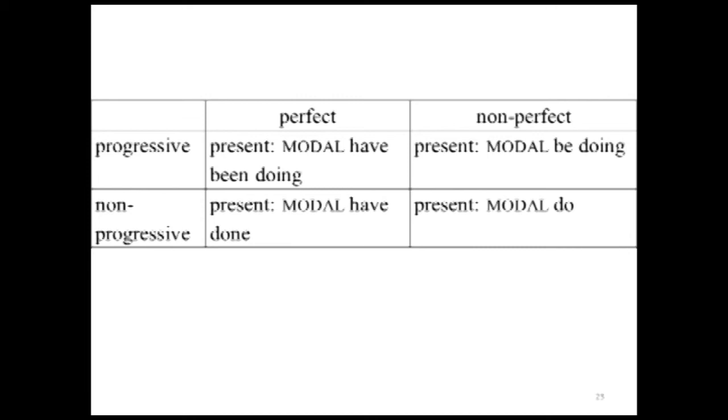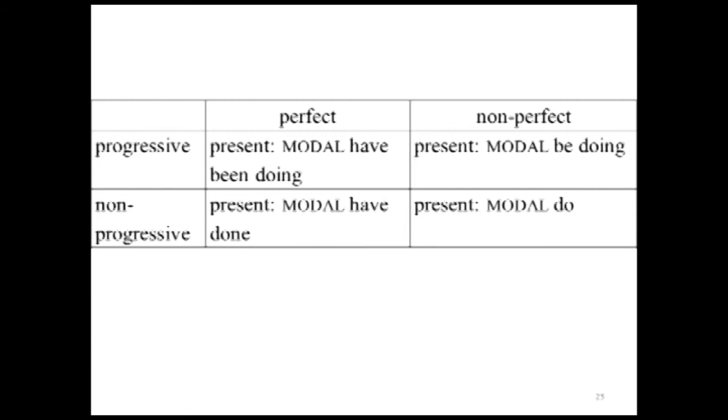One that's progressive but not perfect: may be doing, should be doing, can be doing. One that's perfect but not progressive: may have done, should have done, could have done, must have done. And one that's neither perfect nor progressive, it's modal and then otherwise default, is just may do, can do, will do.